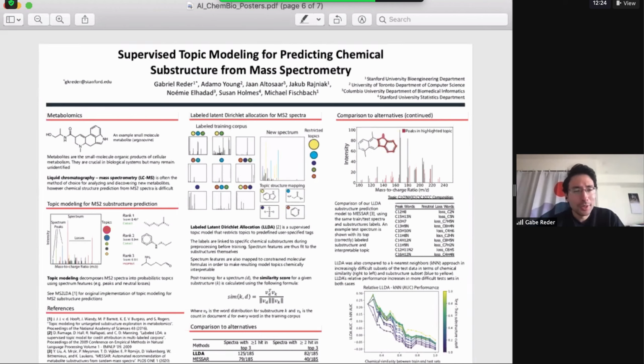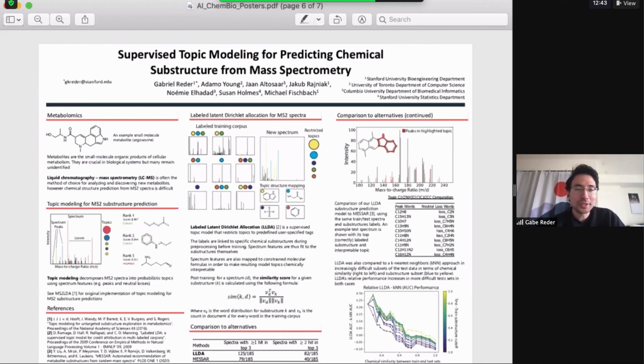The problem, though, is that even though this mimics what people do by hand very well, it's an unsupervised method. So you are stuck trying to figure out what these topics mean in chemical space, even though you have that feature composition. That's very time intensive, labor intensive, and unreliable.